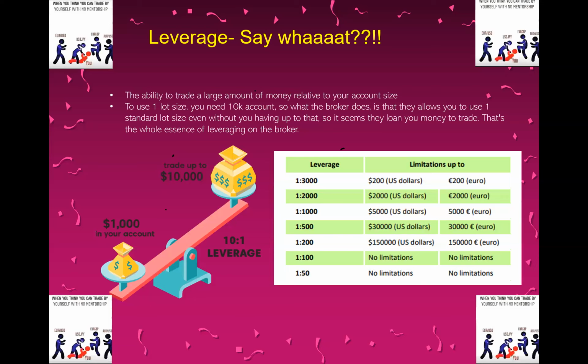Yes. Okay, good. So one thing that you now need to know is that the 2 standard lot size that you just mentioned, you don't need to enter it at once. If you enter 10 trades and they are 0.10, 0.10, 0.10, 0.10, and they calculate everything together and give you 2, and those trades are still running, that means you've met up to the highest lot size that you can use based on the leverage that they gave you.